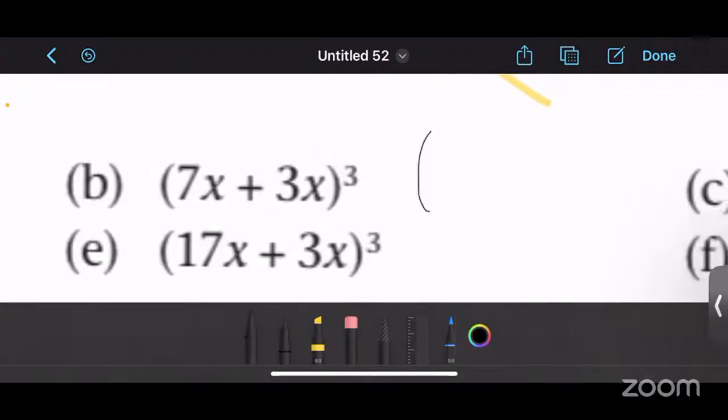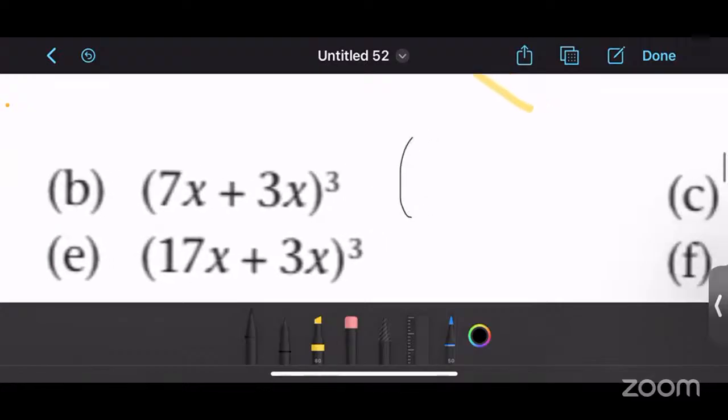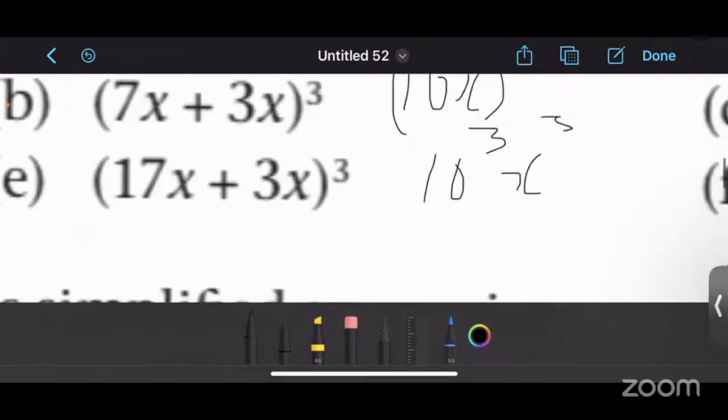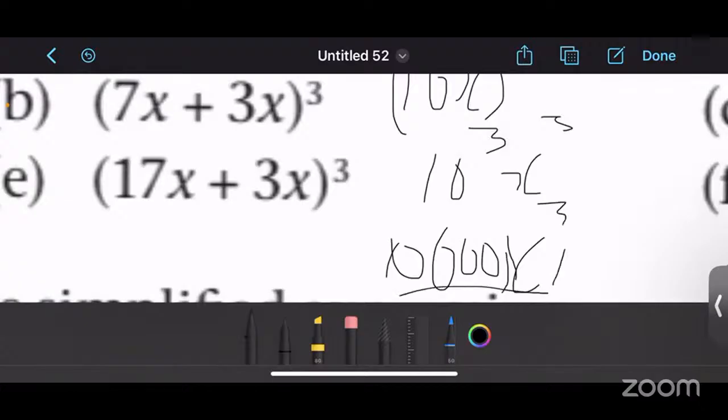So we have 10x close bracket to the power of 3. Then we can say 10 to the power of 3, x to the power of 3. You said 10 to the power of 3 is 10,000, right? Then it's going to be 10,000x to the power of 3, which is going to be the final answer for this.